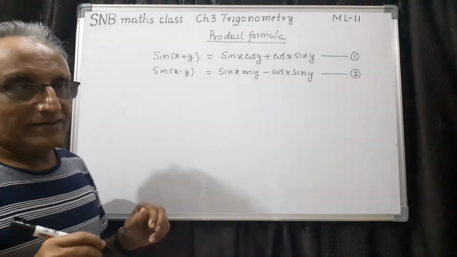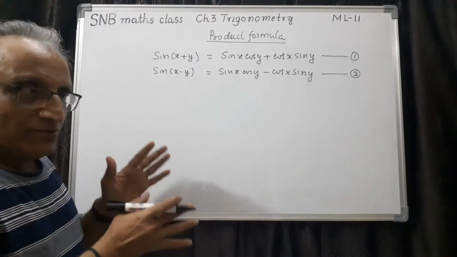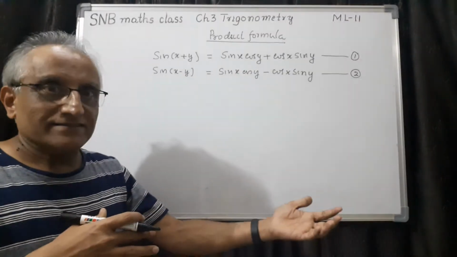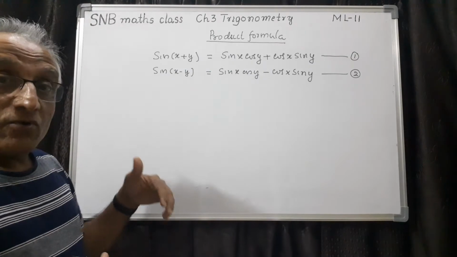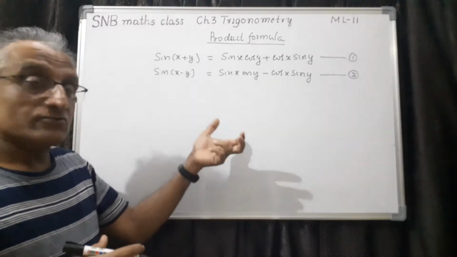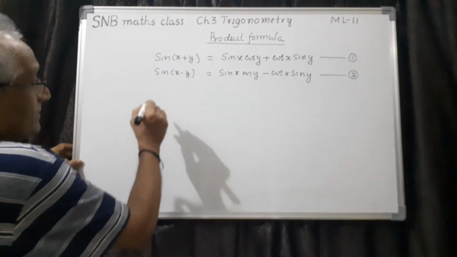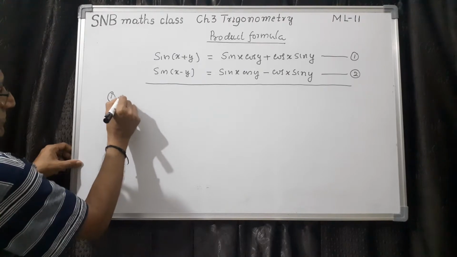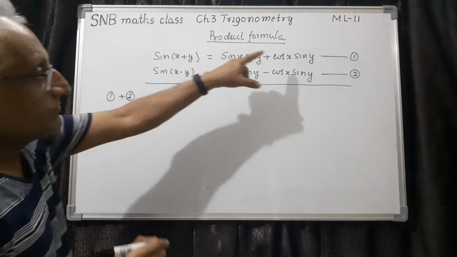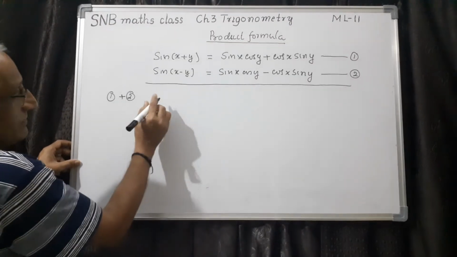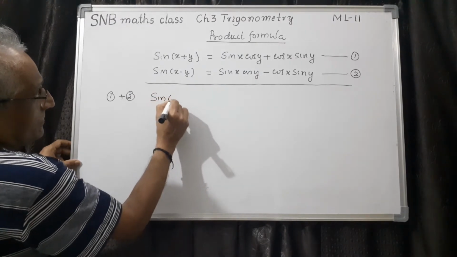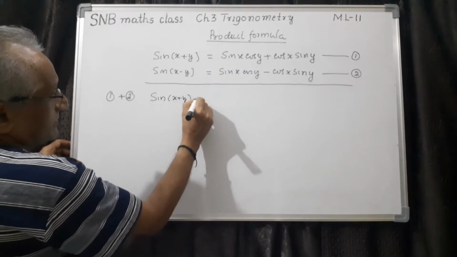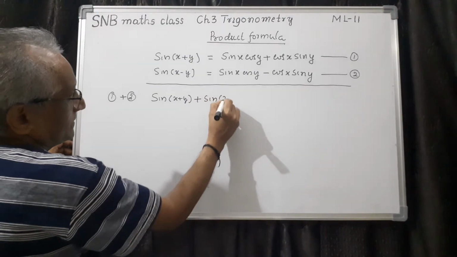See, in a way, it is a game. We take some basic formula, we do something and we get some other result, which we take as a formula. But all these formulas are very much useful in solving problems. So now suppose you add them, equation 1 plus equation 2. The left hand side will be sine of x plus y plus sine of x minus y.